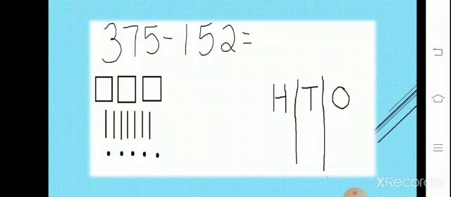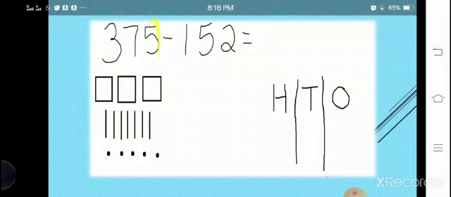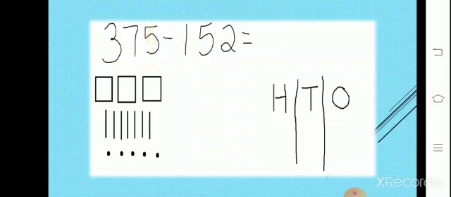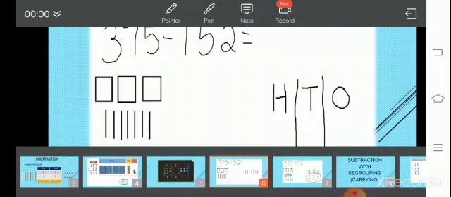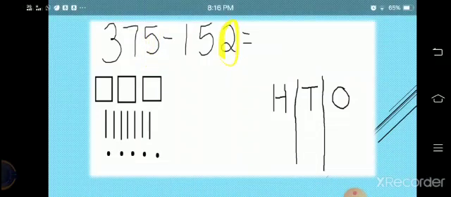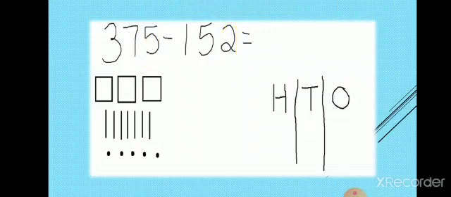Now we have to subtract this number. How do we subtract? We just start from ones. Here 5 is at ones and there is 2 at ones. So it means you have to cut down 2 single blocks from the total 5. So what will you get?